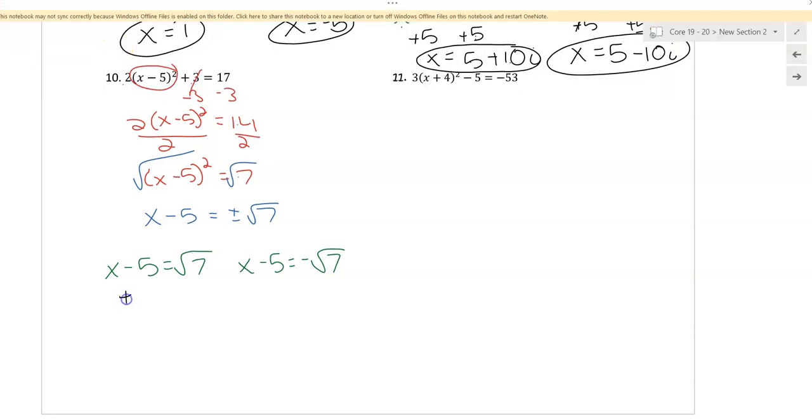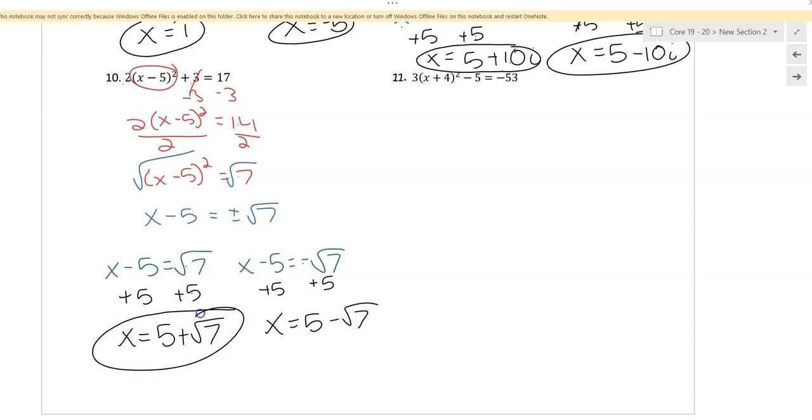Solving for x, I'm going to add 5. So that's x equals positive 5, and there's a positive square root 7, so plus. Add 5. There's a positive 5 and a minus square root 7. So 5 plus square root 7, 5 minus square root 7.